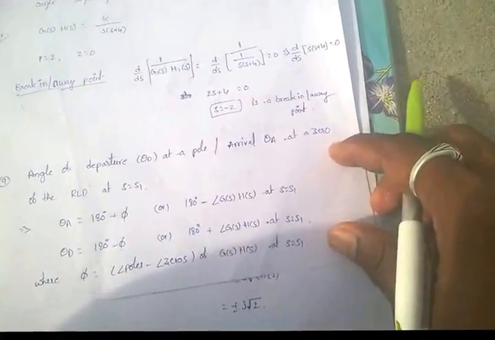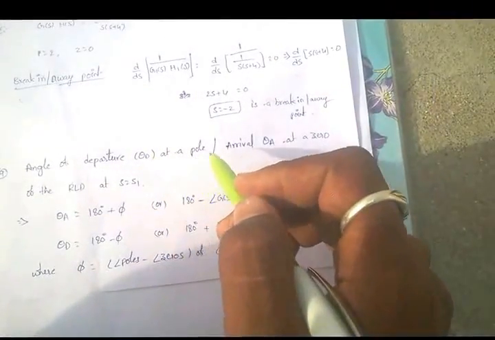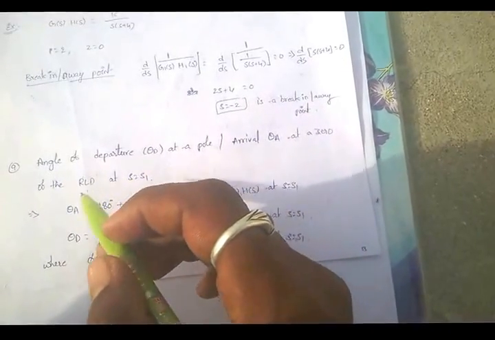And the next rule, the ninth rule, is the angle of departure at a pole or angle of arrival at a zero of the root locus diagram.